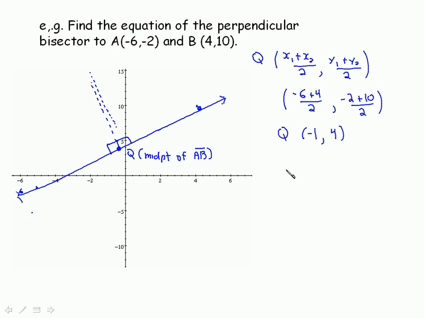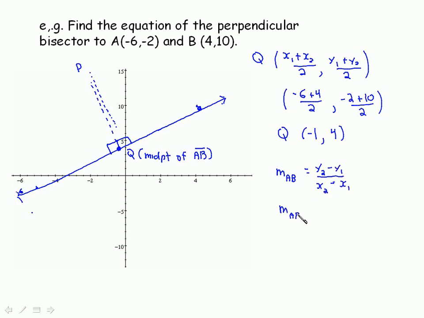But the problem is we also need the slope. So we find the slope of AB, and I'm going to call another point P up there because that'll give me the new line PQ. m_AB is y2 minus y1 all over x2 minus x1.